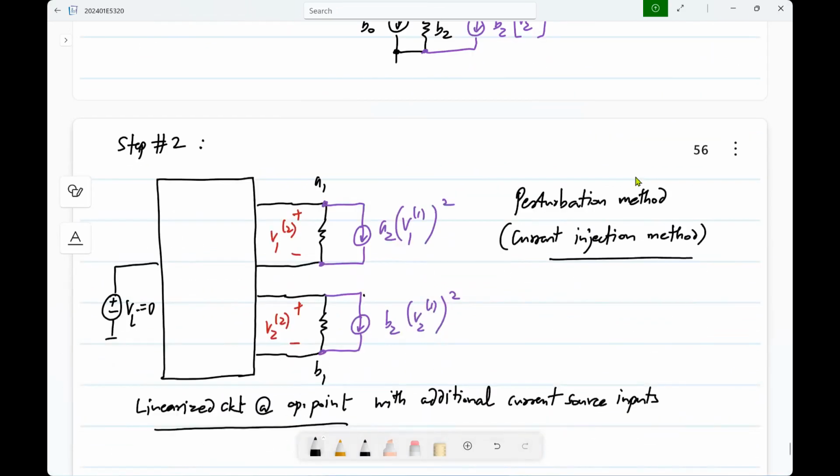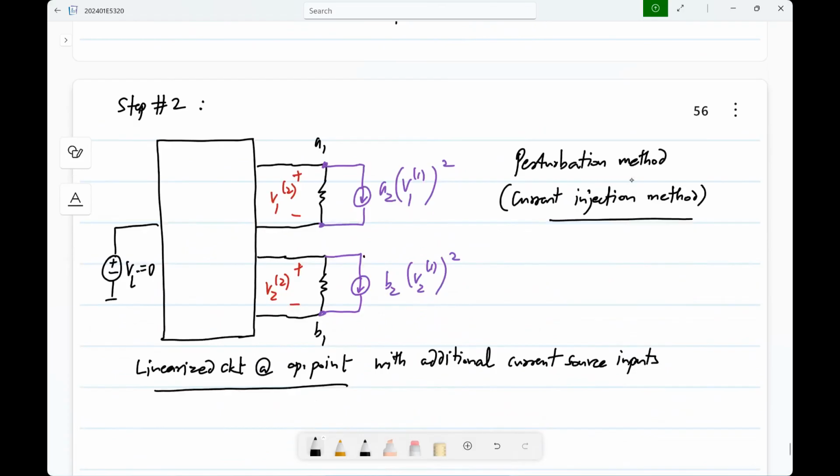So essentially the current injection method, it is called that because you have these nonlinear terms represented as additional currents. Perturbation is essentially you have your original solution, like in the analogy I gave, you have your original simple interest solution, and to calculate the compound interest, you add these additional perturbations to it. Okay. So in each step, you assume whatever you have calculated until the previous step is the actual voltage, right?